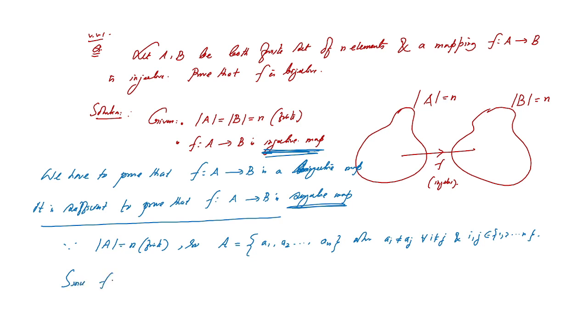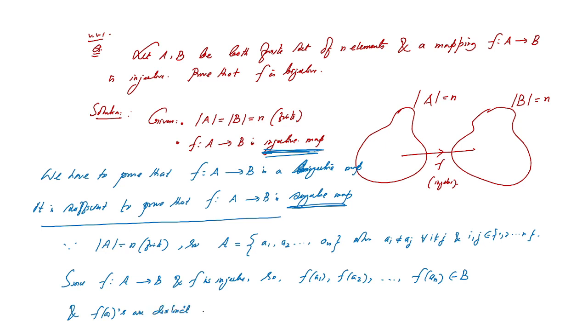Now since f is a mapping from A to B and f is injective, f(a1), f(a2), ..., f(an) all belong to B, and all the f(ai)'s are distinct elements in B. So what will be the set B under the map f?